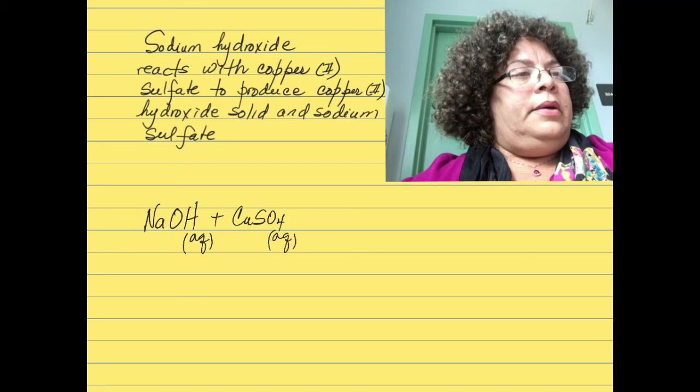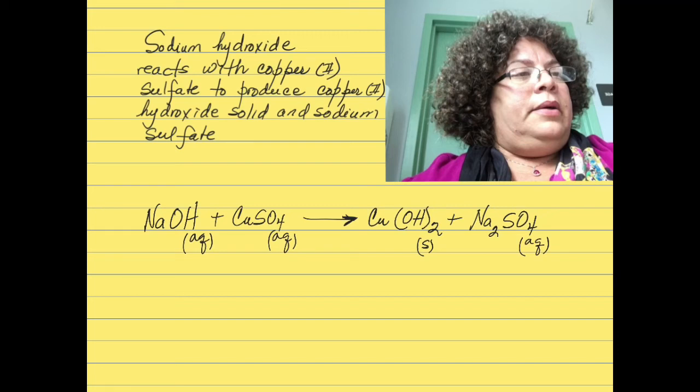Okay, and according to the word equation, what was produced? Copper 2 hydroxide, another ionic compound, plus sodium sulfate. Copper hydroxide was a solid, while the sodium sulfate was dissolved in the solution.